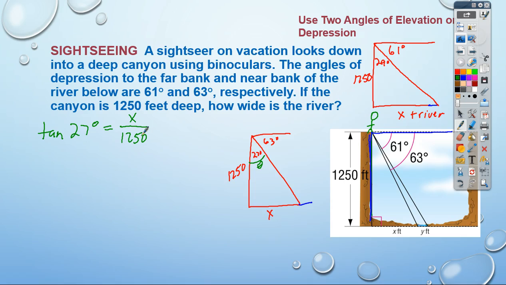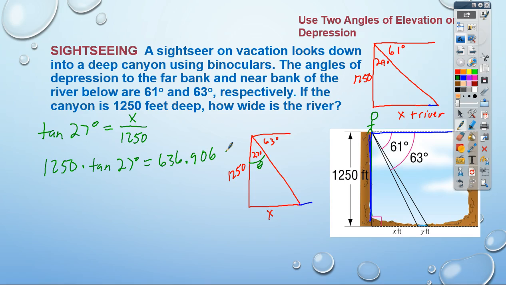I get my handy dandy calculator out, multiply 1250 times tangent of 27 degrees, and I get 636.906 feet.